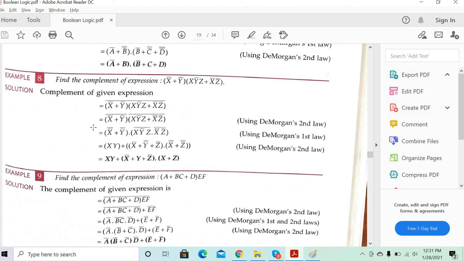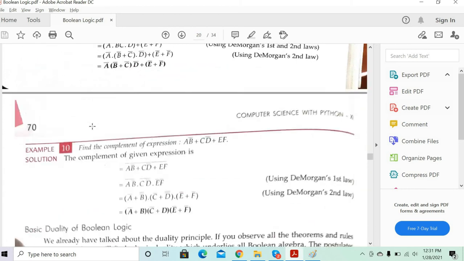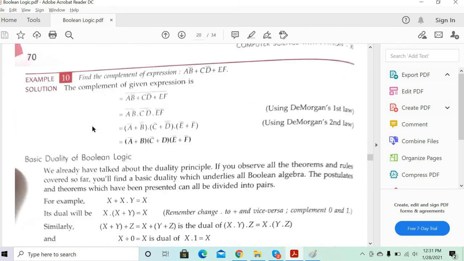Okay, sir, I got this one. Excellent. Perfect, Vijay. So let's go to the basic duality of the Boolean logic.